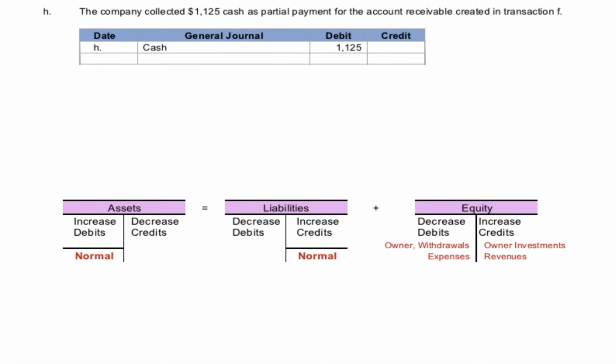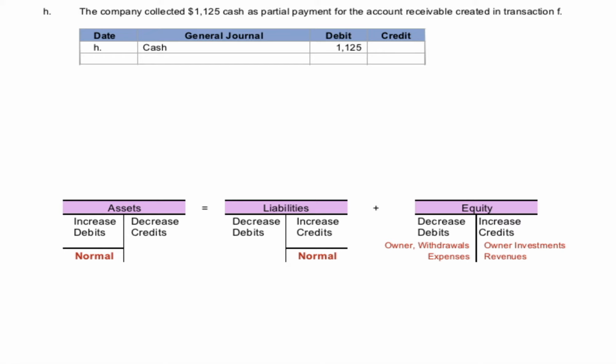So now we have collected some cash on the account receivable that we already recorded. So that's obvious which two accounts we're talking about here. We've got cash and we've got accounts receivable. Cash is going up, it's an asset, so we will debit that asset account to show that it is increasing.